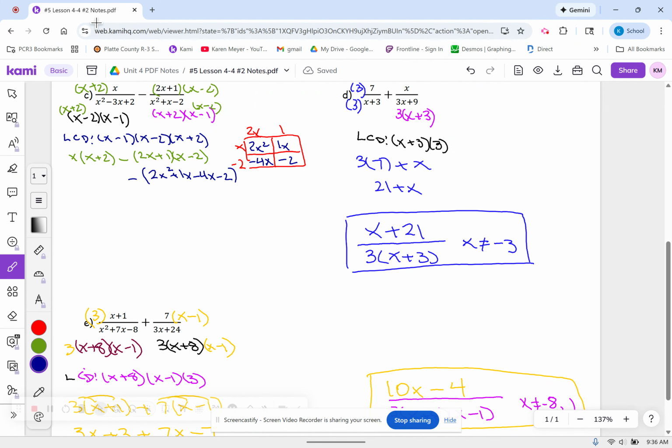But then I still have the subtraction sign, so now I'm going to take this subtraction sign here and distribute that to all of it, which basically is going to flip the signs of everything that was in the box. So it's going to become a negative 2x squared minus 1x plus 4x plus 2.